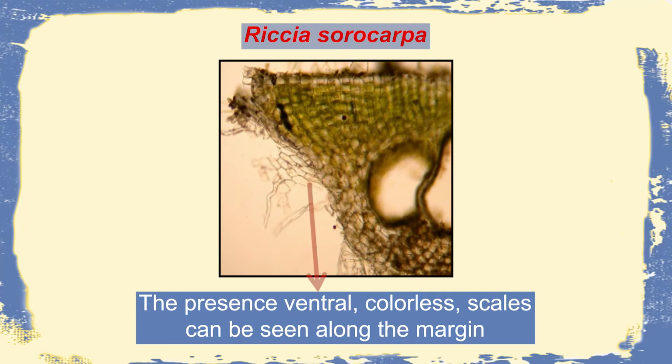Similarly, as here we can see, the thallus of this Riccia has scale-like structures and rhizoids as well. Some of the components of the thallus of Riccia is the presence of rhizoids, as already discussed.